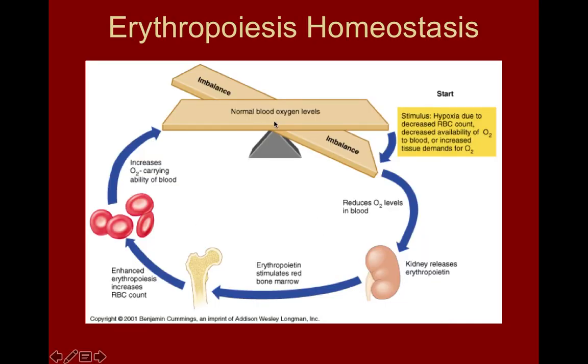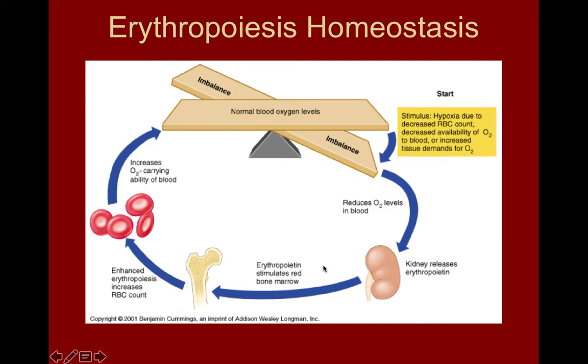When that happens, here's your stimulus. We'll talk about a couple other ones, but just say you work out, and you have an imbalance, so you don't have enough blood oxygen. Hypoxia is the word for that. It reduces your blood oxygen levels, and it causes your kidneys to make erythropoietin.